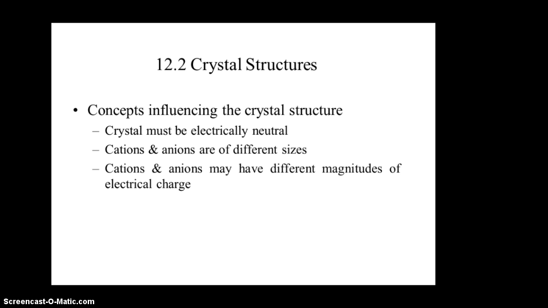Some of the constraints that influence the crystal structure would be the following. The crystal structure must be electrically neutral. The cations and anions being of different sizes will particularly influence the crystal structure. Also, the fact that they may have different magnitudes of electrical charge is significant in determining the response of the crystal structure and the geometry as well as the size.